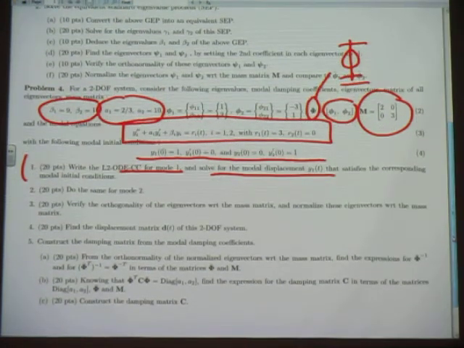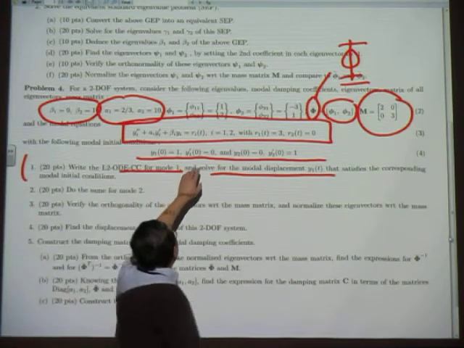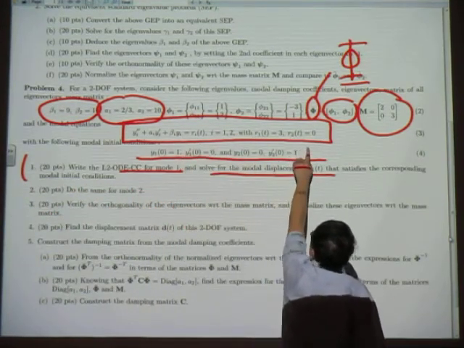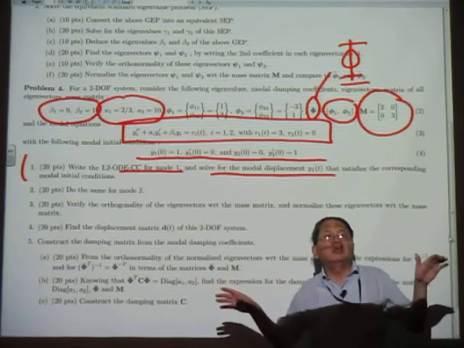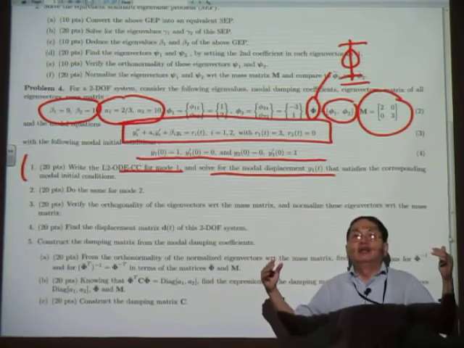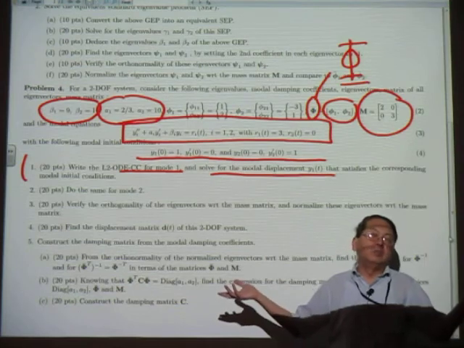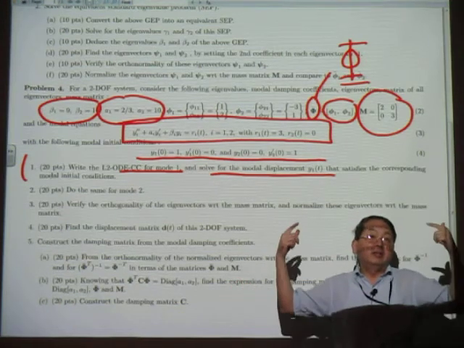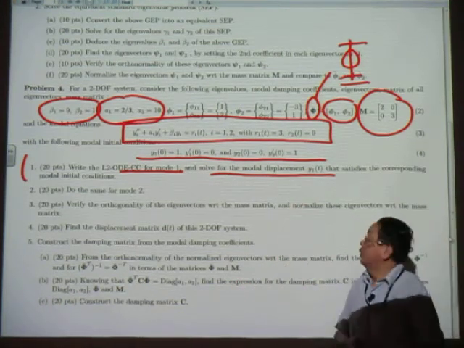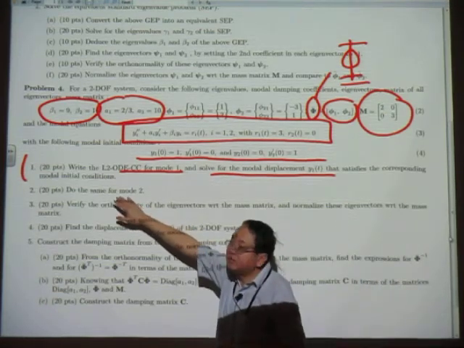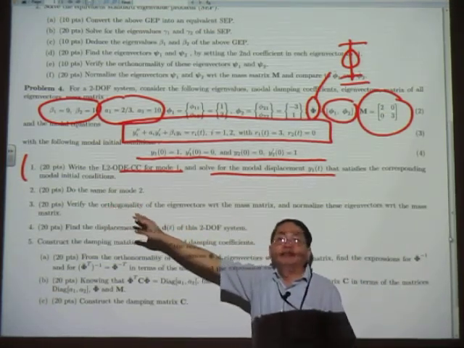And the excitation r2 is equal to 0. So that's a homogeneous equation. The second modal equation is a homogeneous equation, simpler than the first modal equation. So question 2 should be no problem.